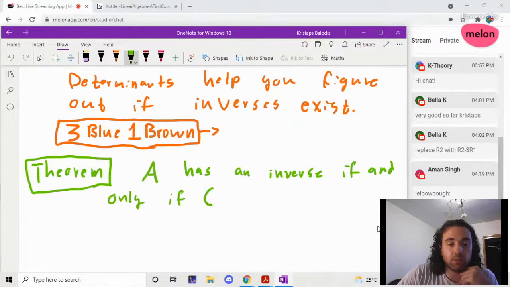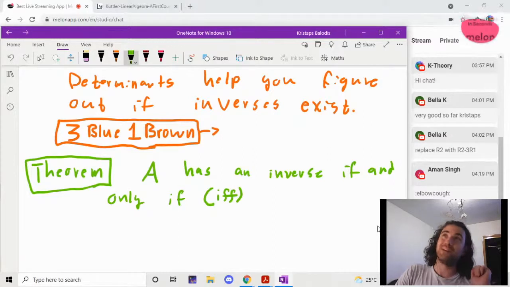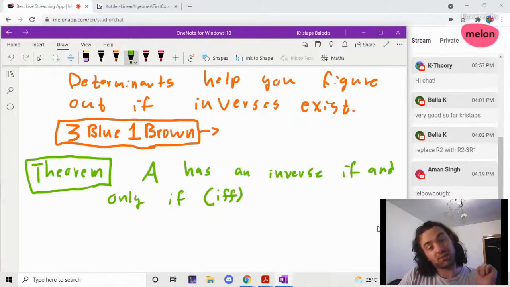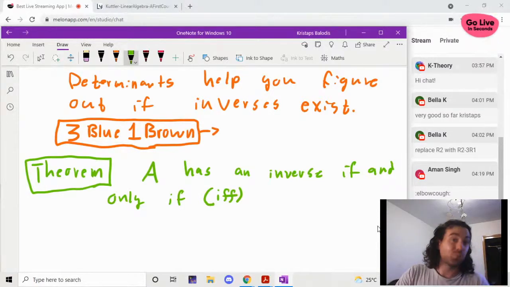And sometimes mathematicians, we like to be lazy, and we'll abbreviate "if and only if" by writing IFF. So just a bit of notation I want to warn you about, because sometimes I forget that not everyone knows that, and then I slip into this bit of notation.